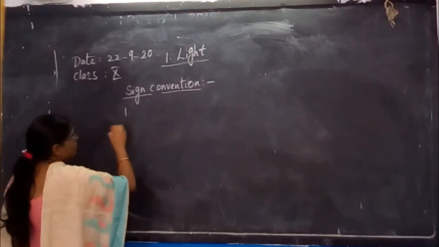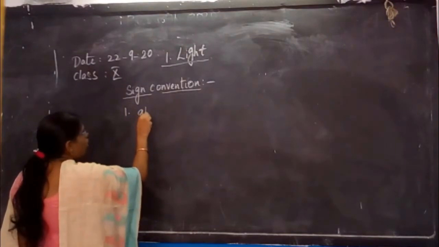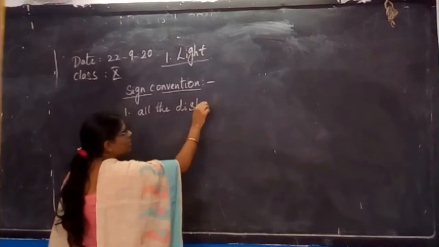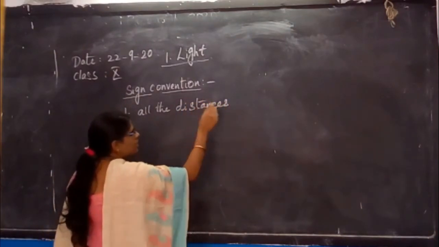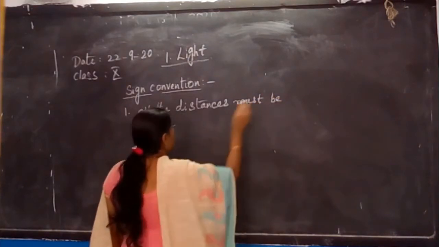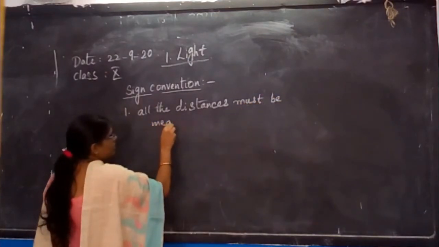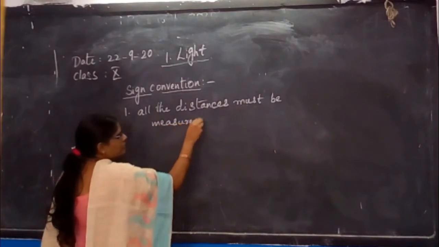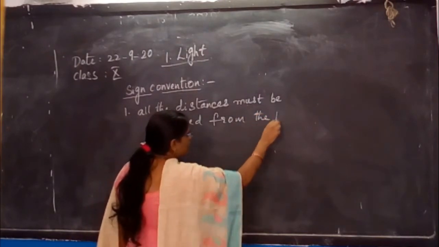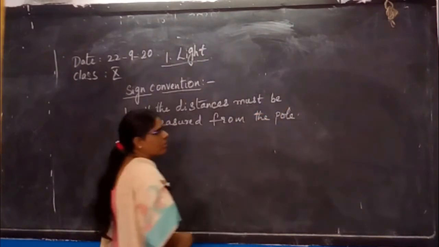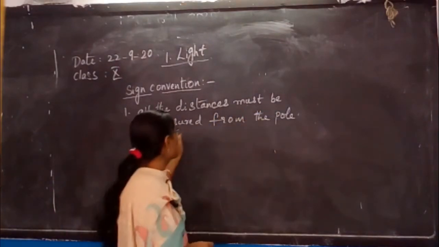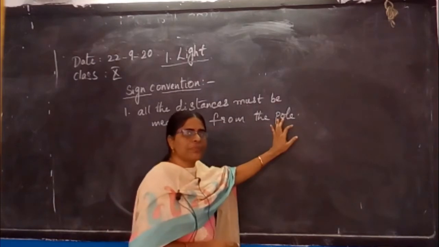First, the sign convention states that all the distances must be measured from the pole.